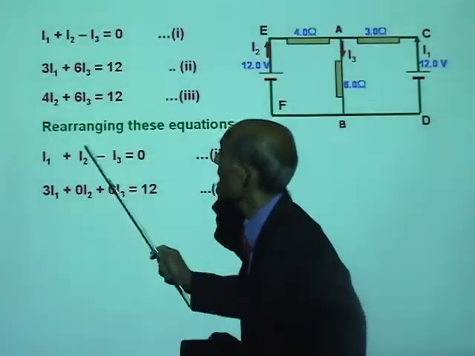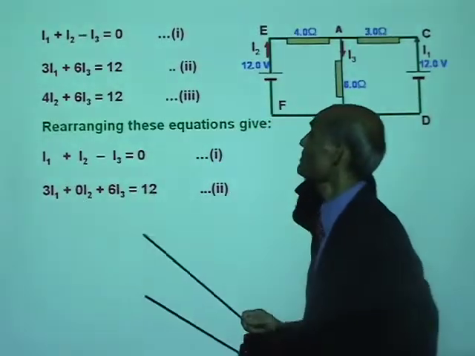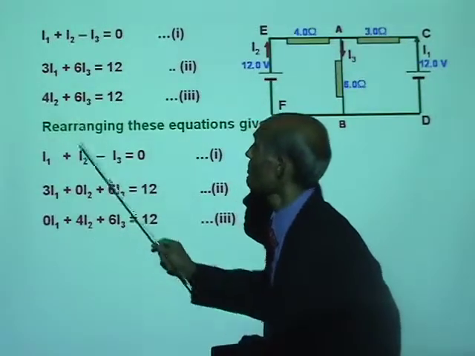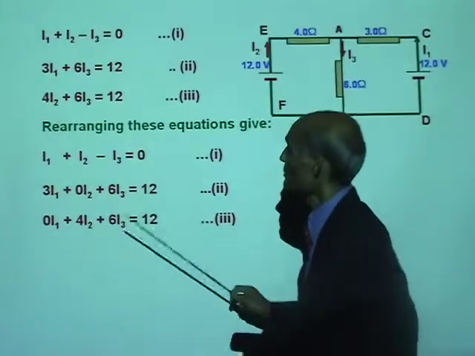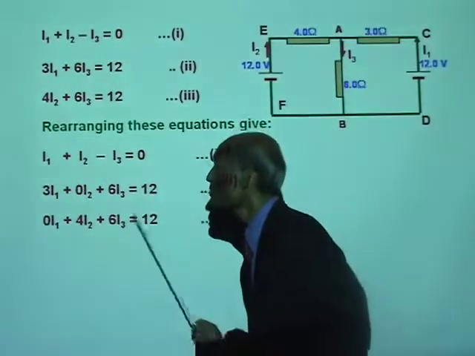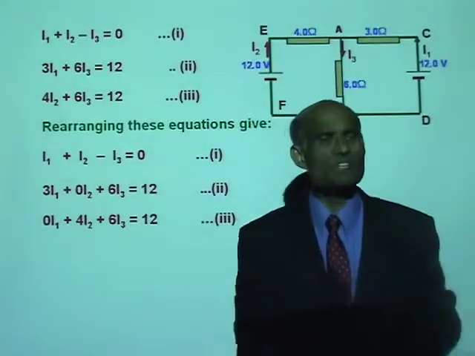There is no I2 there, so I added 0I2. Plus 6I3 equal to 12. And 0I1 plus 4I2 plus 6I3 equal to 12. These equations are now ready for you to solve on your calculator, whatever calculator you use.